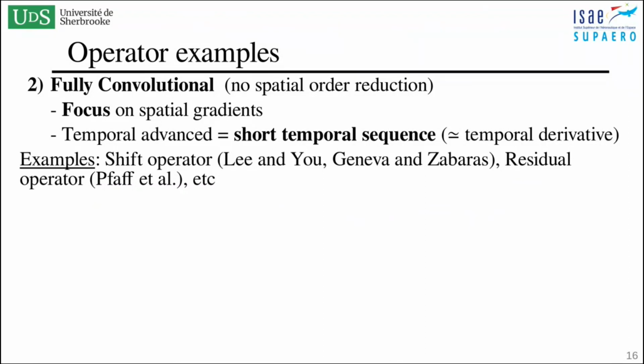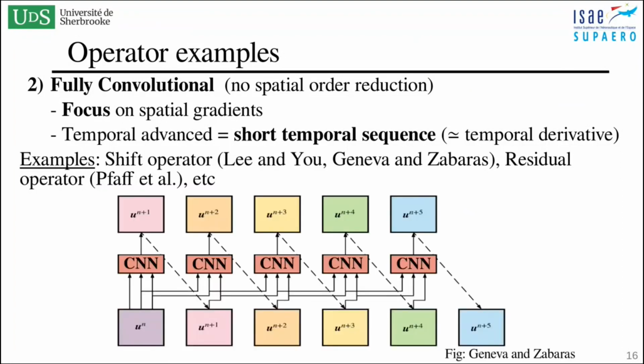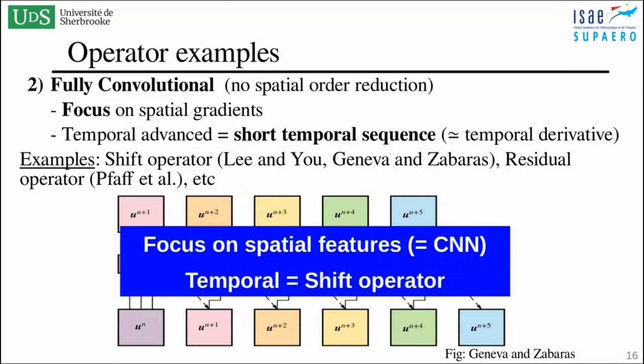And this is found in the literature in many examples, for example, Li and Yu, Geneva and Zabaras, or Pfaff et al. And basically, it's just, as I showed you before, we are just taking the initial condition, predicting the next time step, and using this next time step as the input of the next prediction, and so on and so forth. So again, this is focusing on the spatial features, and the temporal operator is just done, for example, with a shift operator, which is just shifting the initial conditions.